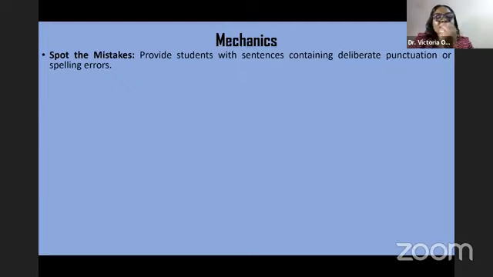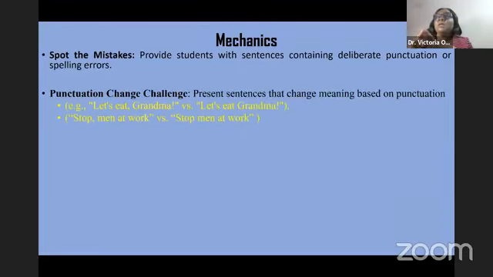What about if you are teaching things relating to mechanics like punctuation, capitalization, spelling, etc.? Can we provide the students with sentences? Yes. We can create sentences, and within these sentences, we would deliberately use wrong punctuation.